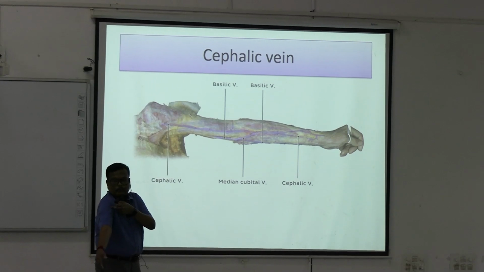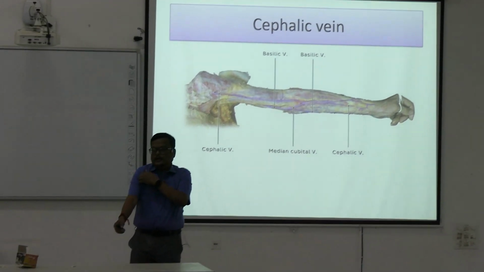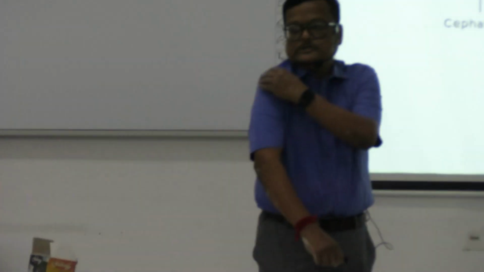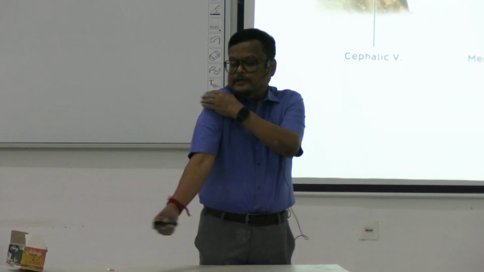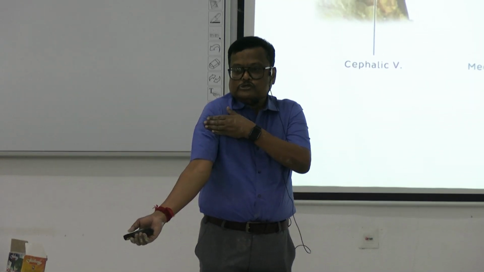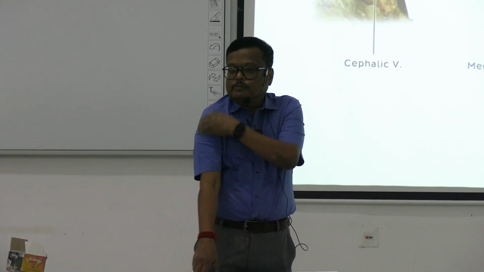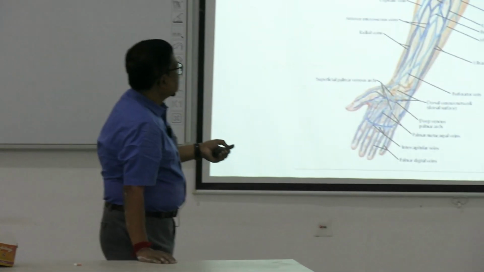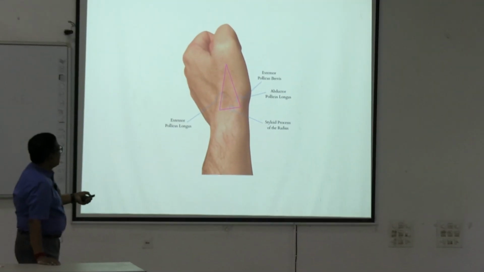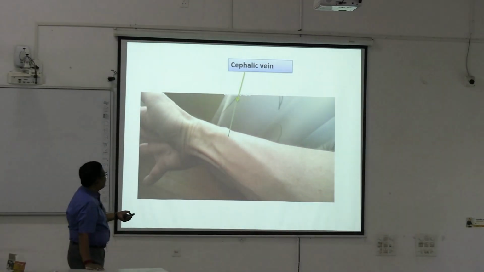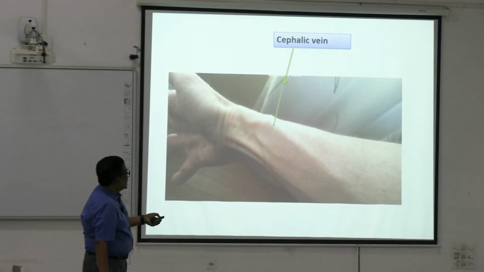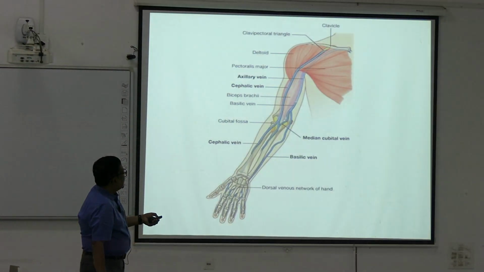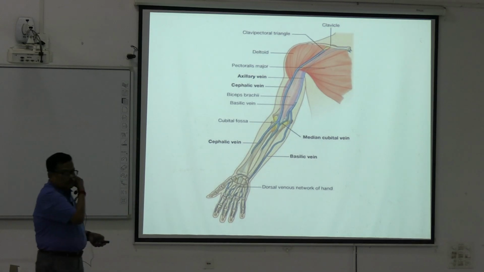So it proceeds upwards, and now here there are two muscles just below the shoulder joint. It is the deltoid muscle and this is the pectoralis muscle. Look at the picture. Beautiful, look.